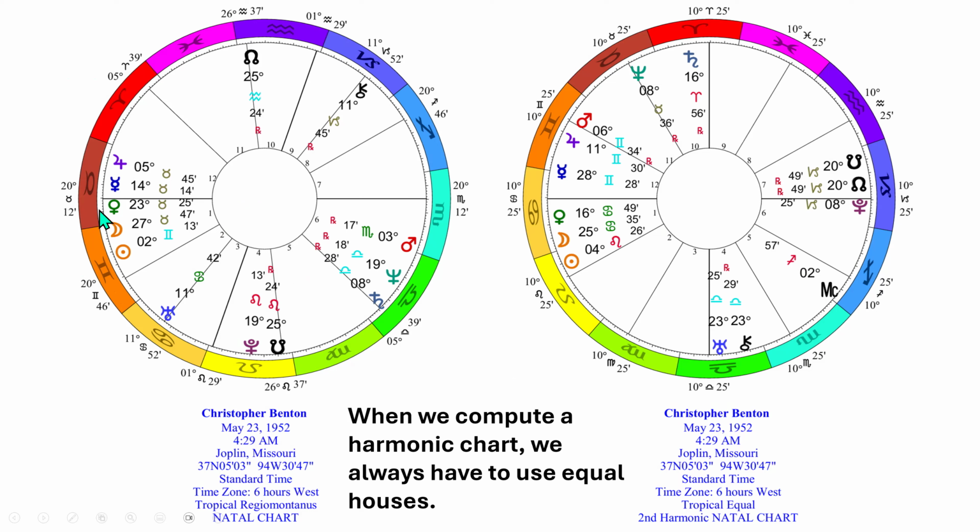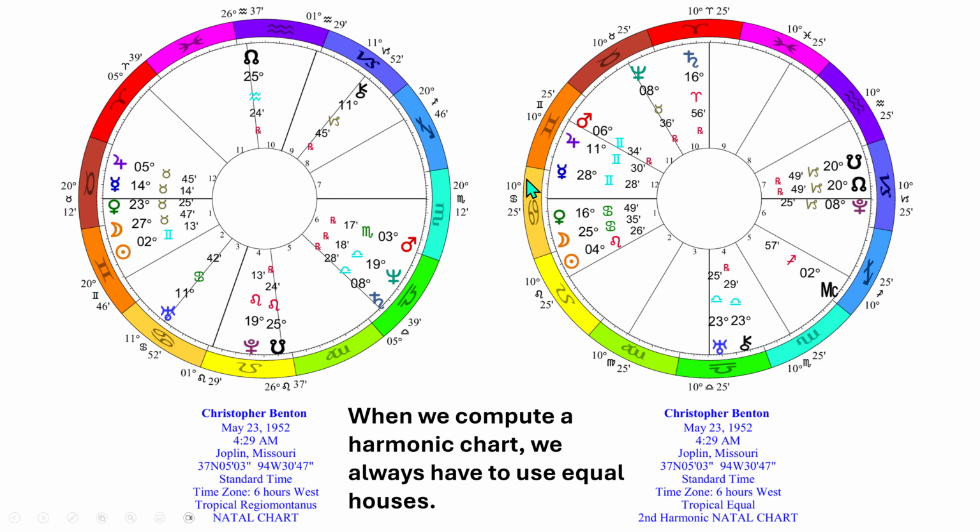And you would think, well, maybe I could just do the same thing to get the other house cusps. I just double this next house's distance from 0 degrees Aries by 2, and this one's distance from 0 degrees Aries by 2, and so on around in order to get 12 house cusps here.